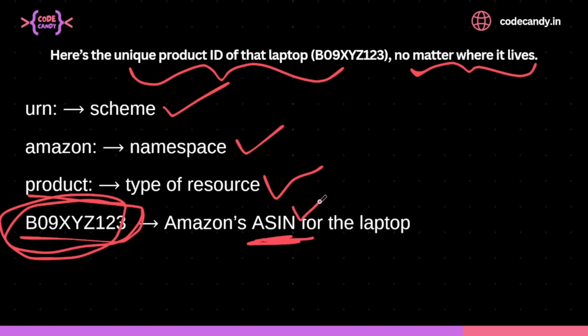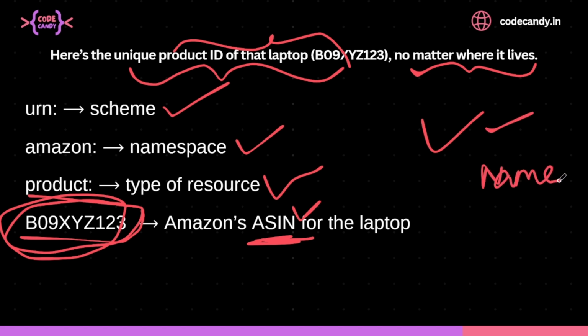They will show the product with the help of this ID. The ASIN for that particular laptop is B09XYZ123. With the help of this number, you are directly calling that product from the server to display. In the URL, you have name and location. In the URN, you have only the name. No location, no address, nothing.